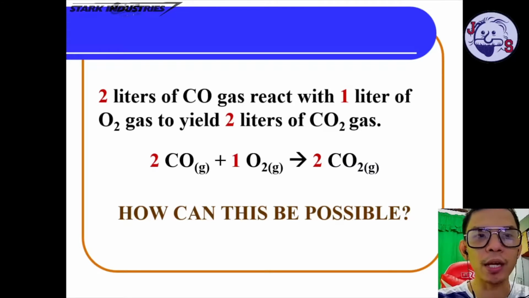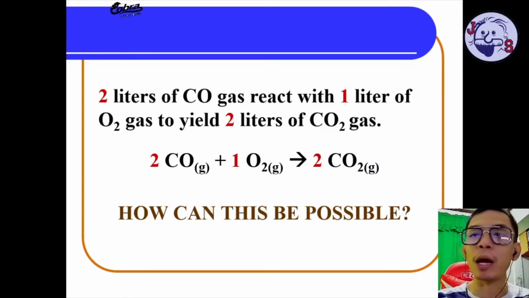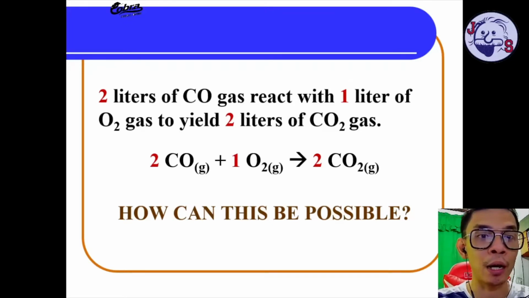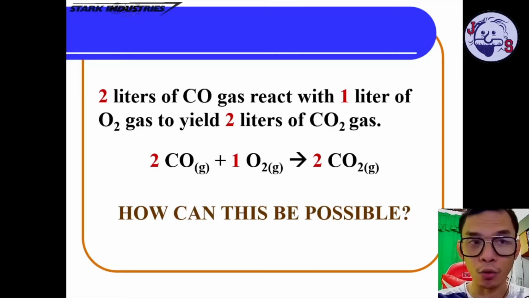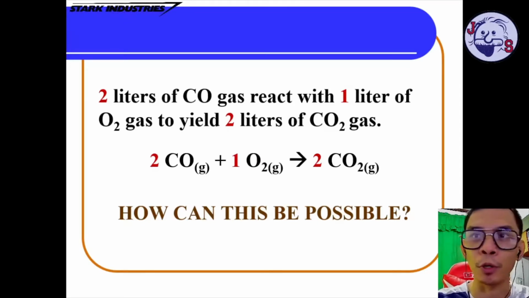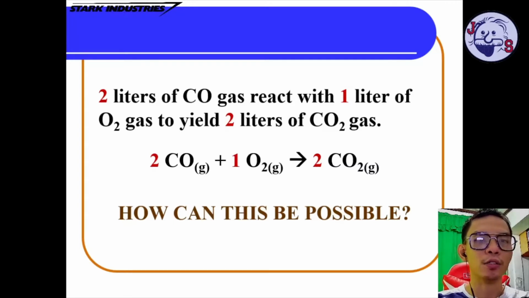There is a certain rule that is followed in chemistry, especially in the formation of a chemical reaction. In a chemical reaction, there are certain rules, like the law of multiple proportions, and the law of conservation of energy or law of conservation of matter.